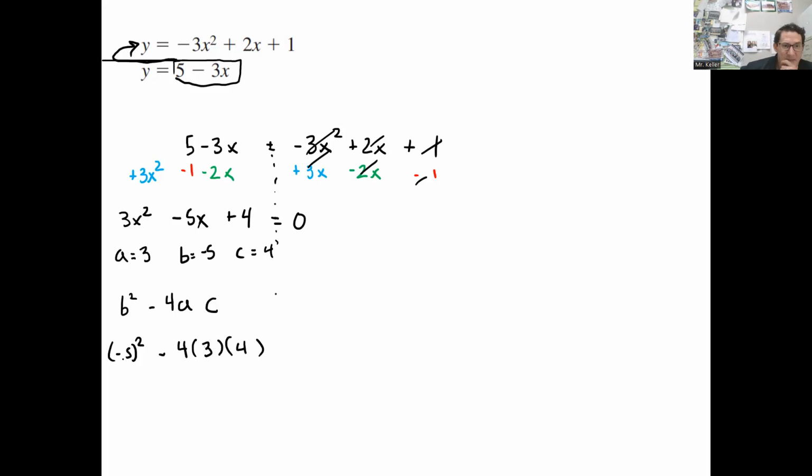So -5 squared is 25, minus 4 times 3 is 12, times 4 is 48. So 25 minus 48 is -23. Look at that. This has no real solutions. Good thing we just did the one where we know how to do complex solutions.